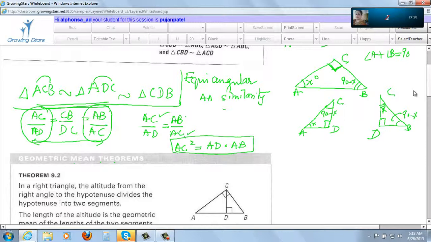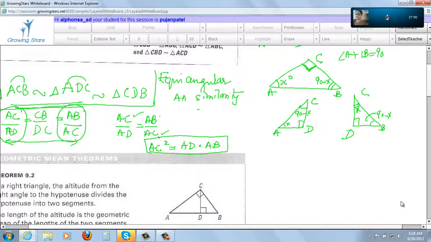Similarly, if I had taken the second and the third triangle, I would get a cross product there with a square. And if I take the first and the third also, I'll get a square when I take the cross product. So those three ratios have been put here as theorem 9.2 and 9.3.